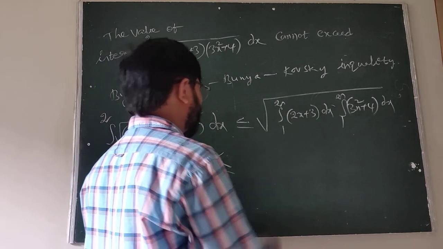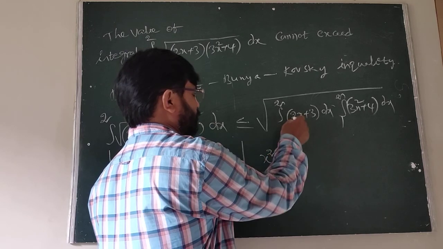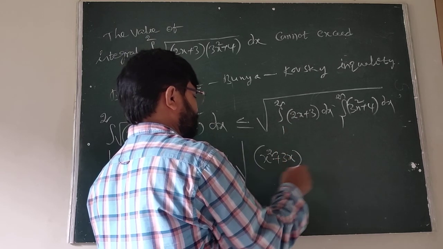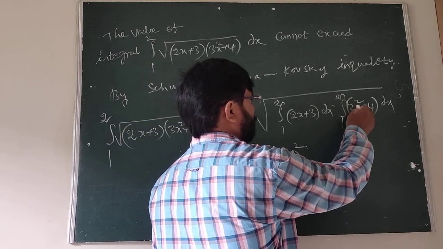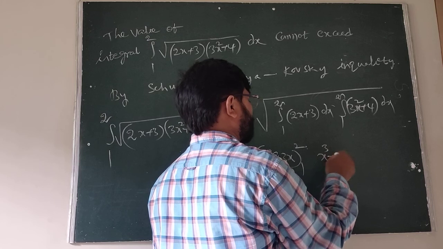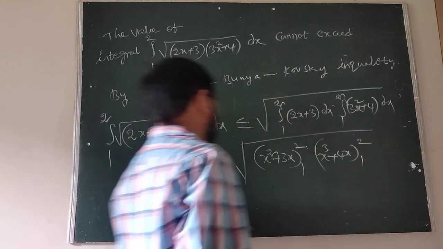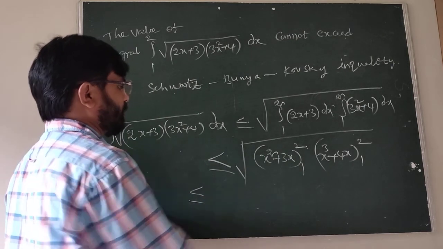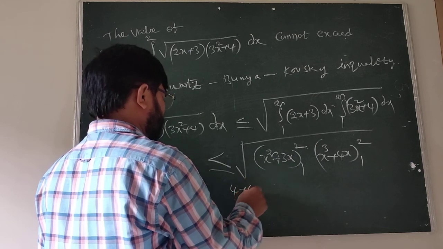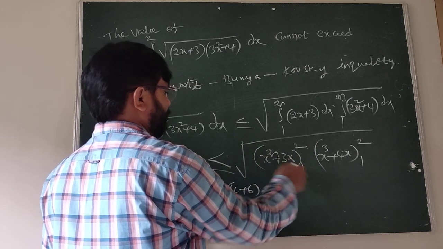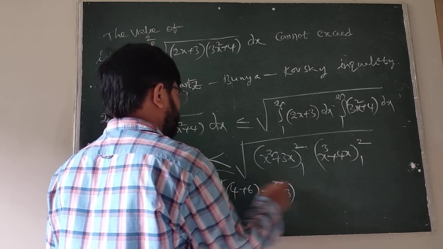Now here this is under root of the integral of 2x, which is x square by 2 with the 2 cancelling, plus 3x, with limits 1 to 2. Now the other one is 3x cube by 3, that is x cube plus 4x, from 1 to 2. Now we can write this is less than or equal to 4 plus 6 minus of, substituting 1, plus 3, this is the first limit.